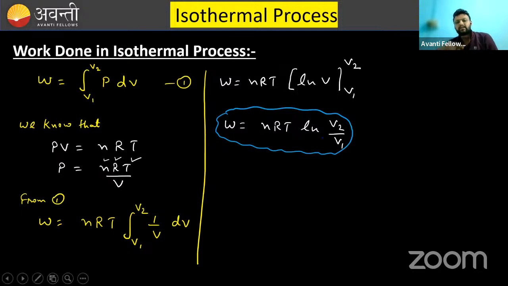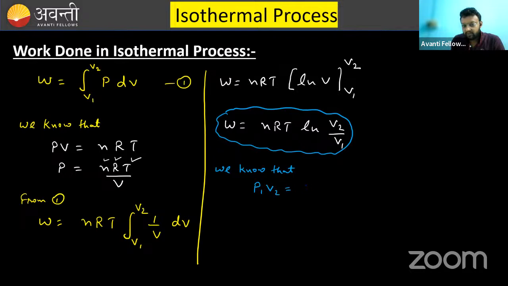Now, sometimes the volume is not given, pressure is given in the question. So then we can transform this relation. How can we transform this relation? We know that P1 V1 is equal to P2 V2 for an isothermal process.